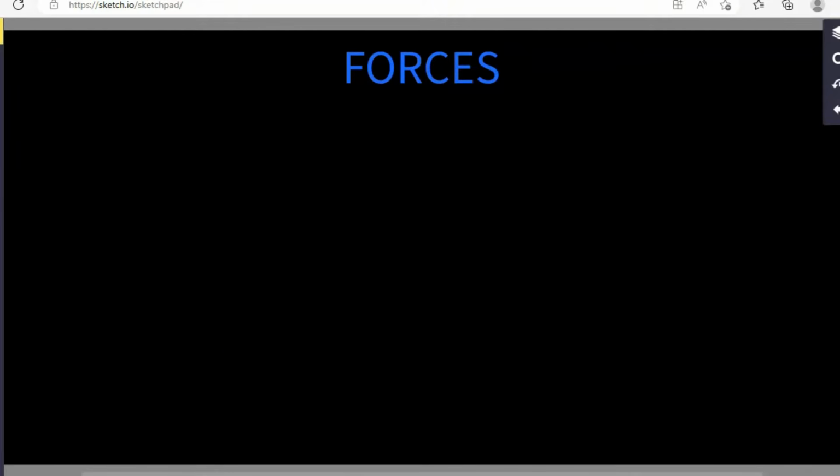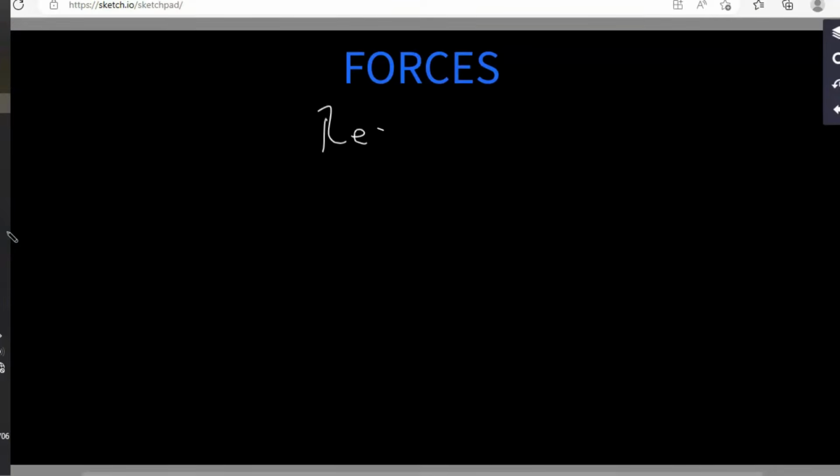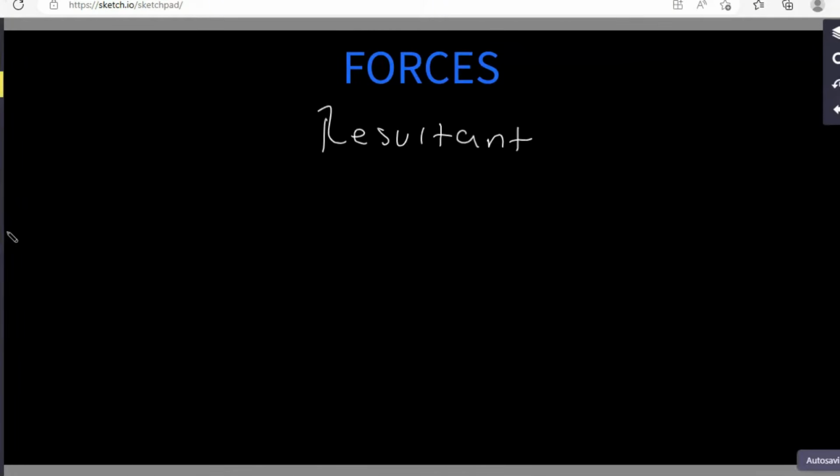We go to the next one, which is resultant. A resultant is a single force that can replace two or more forces and still produce the same effect. Let's say we have a block again, and we have three forces being applied.